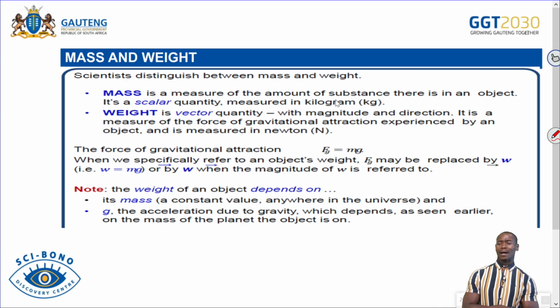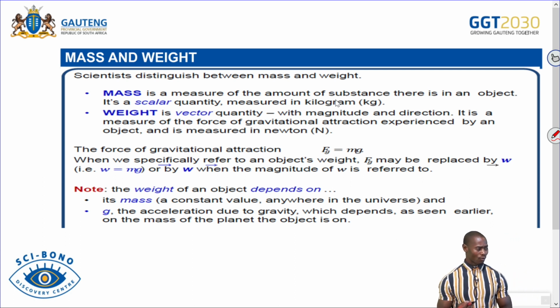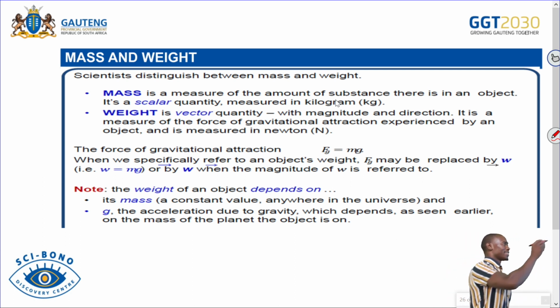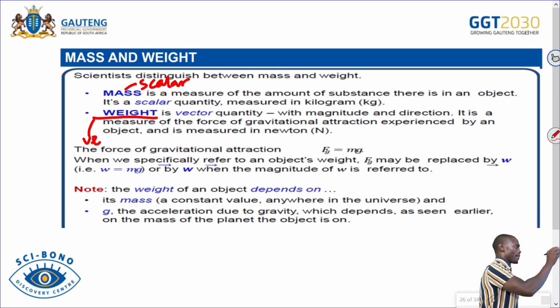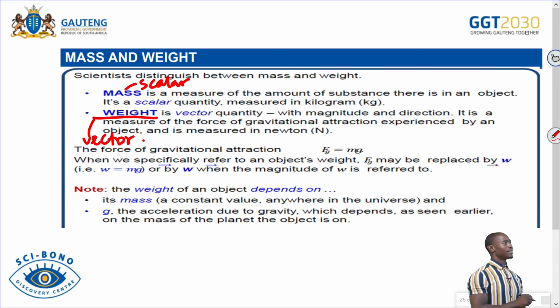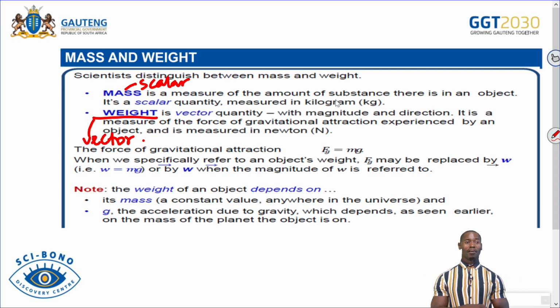Then the difference again between mass and weight. You should know the difference. All of you know that mass is a scalar, but weight is going to be a vector. What is mass? It is a measure of the amount of a substance that is there in an object.